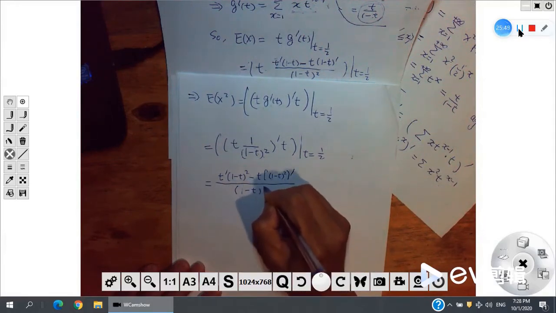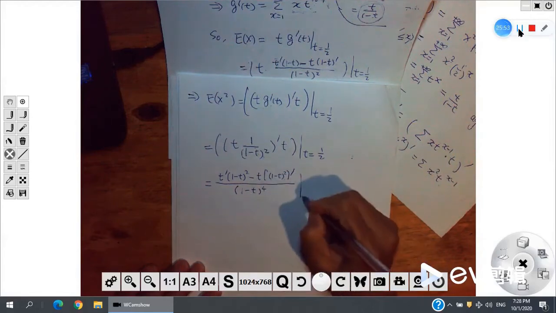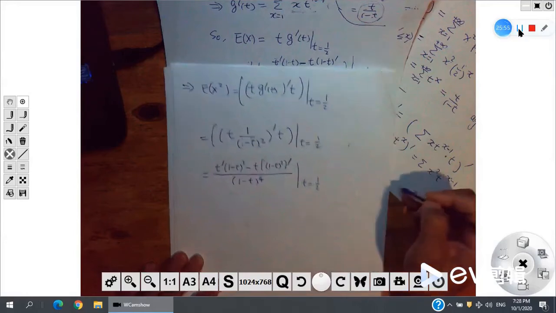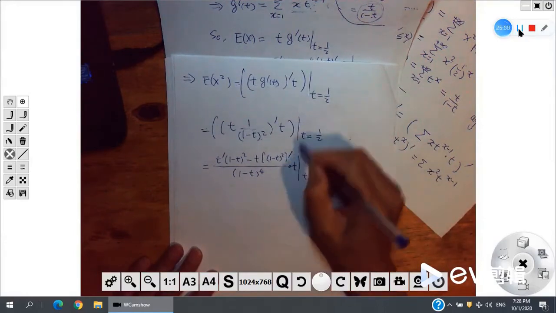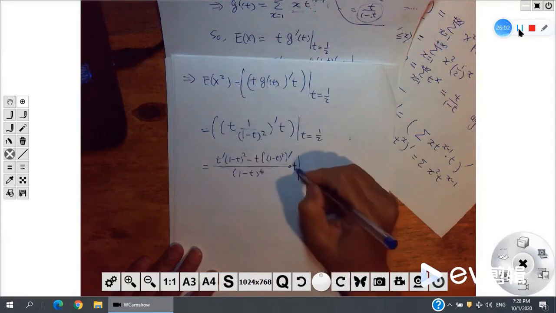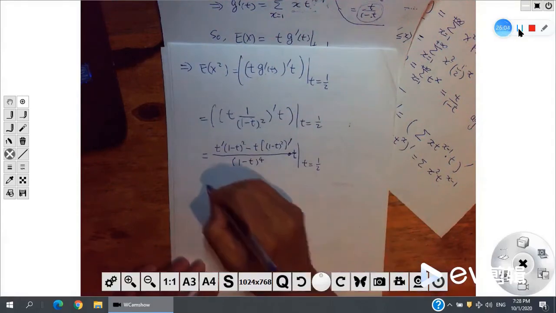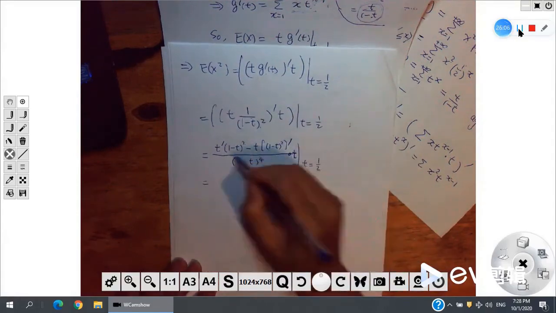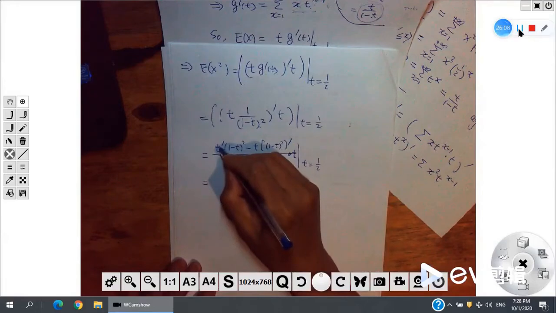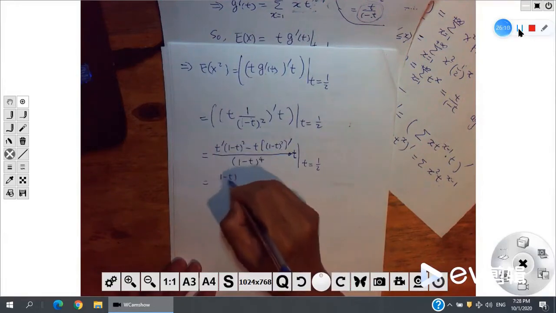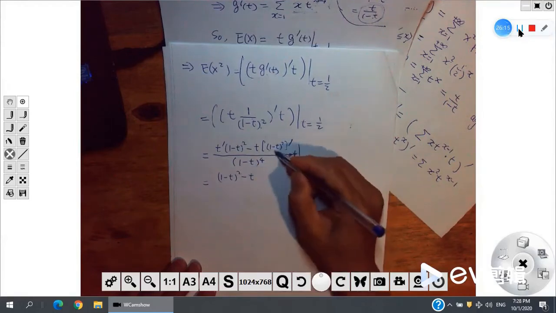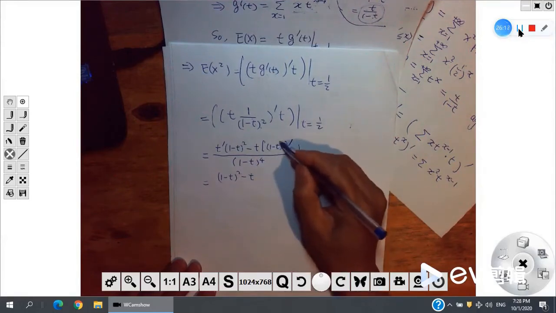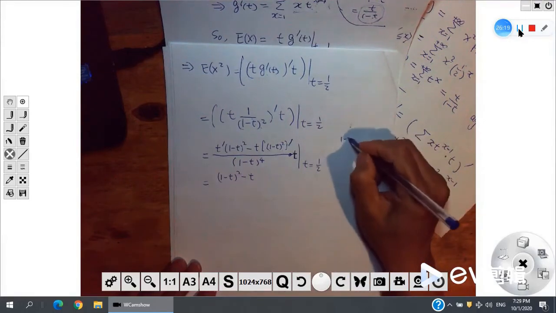Squaring the square, I get the fourth power, and t is 1/2. I need a t here, because after the derivative I have another t. So the numerator derivative is 1, giving 1 minus t squared, minus t times the derivative of the denominator. What is the derivative of 1 minus t squared?